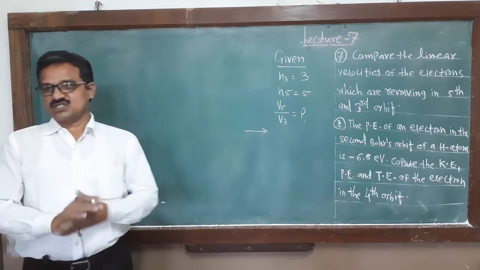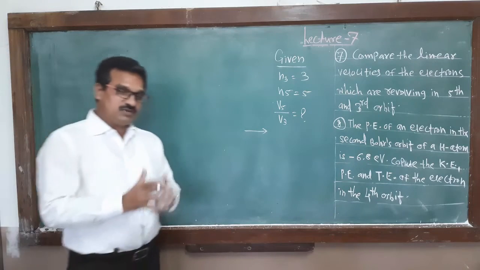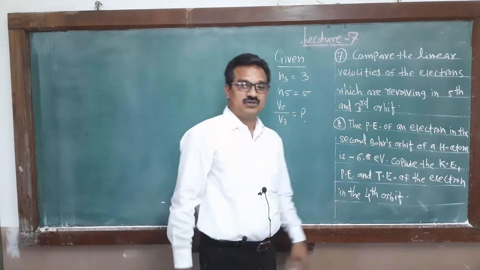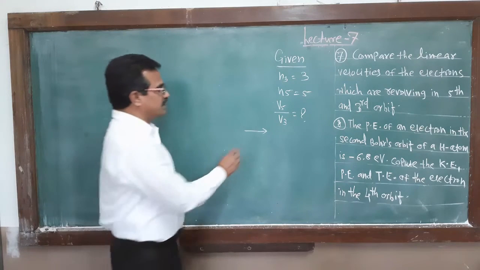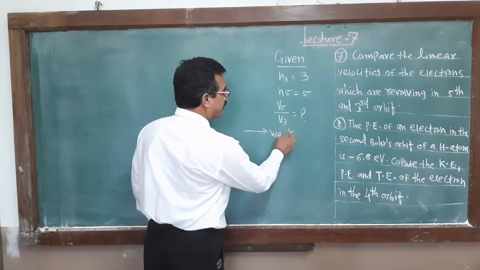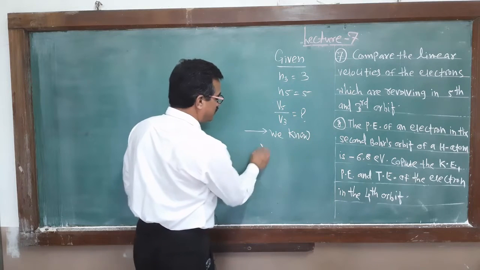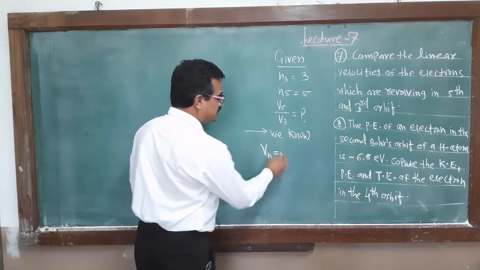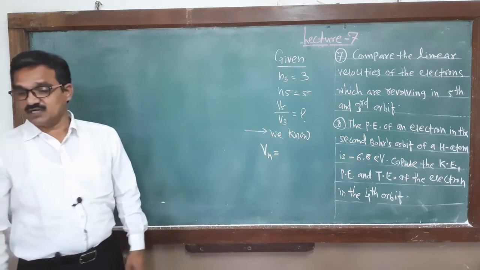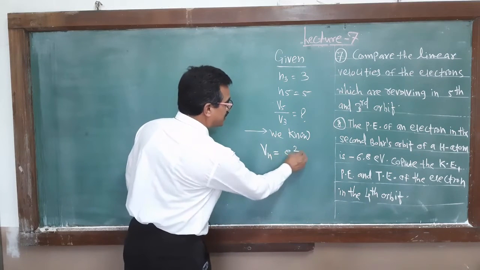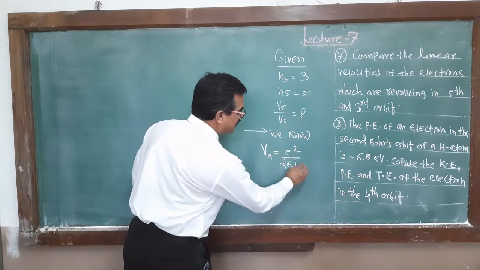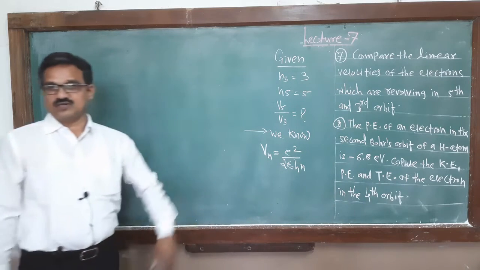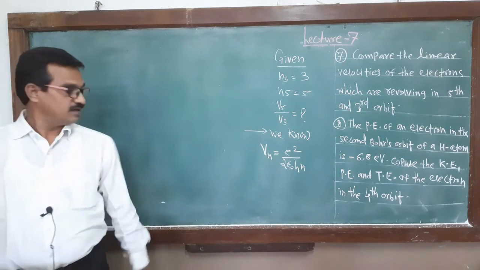Before comparing this, we must know the expression for the velocity in the nth orbit. We know the equation: velocity in the nth orbit is equal to e square upon 2 epsilon 0 h into n. This is the expression for the velocity in the nth orbit.